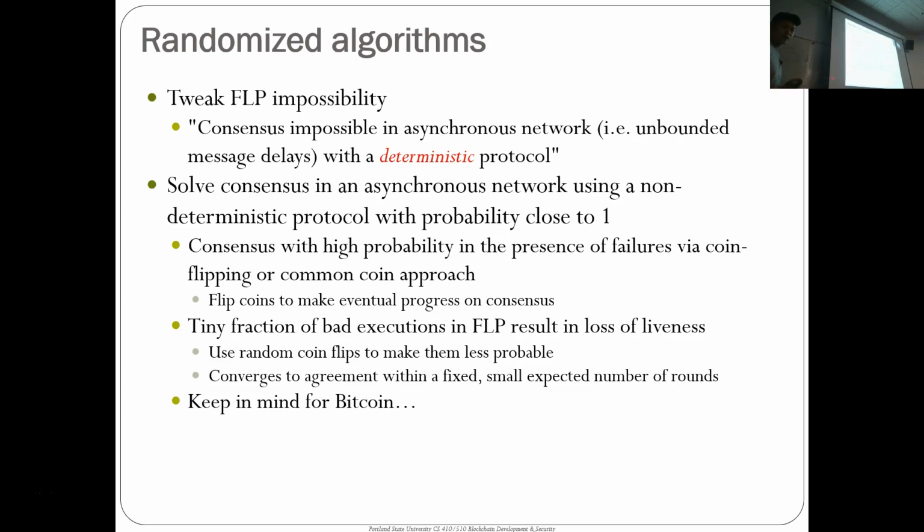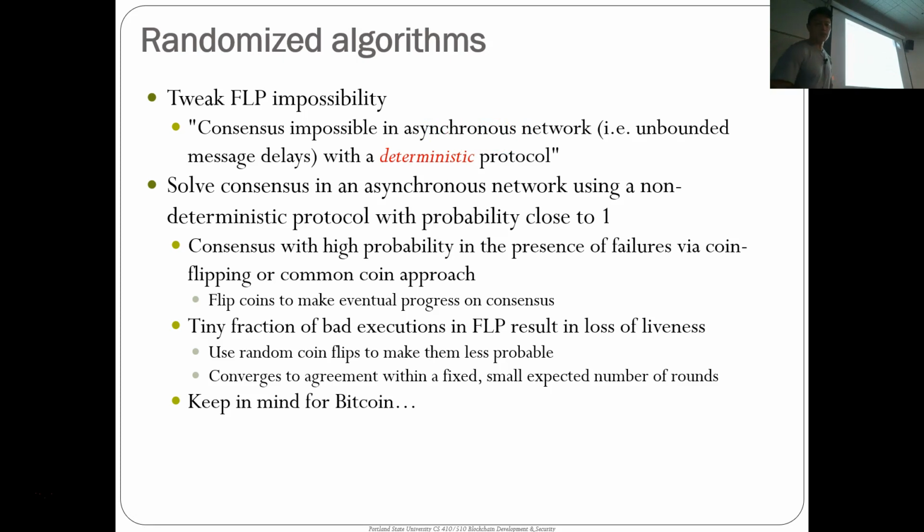And so if you look at the proof in the FLP impossibility result, there's a tiny fraction of bad executions that will result in loss of liveness and will keep you deadlocked, basically. So there are deadlock states in the FLP impossibility result that basically cause this thing to break down using a deterministic protocol.